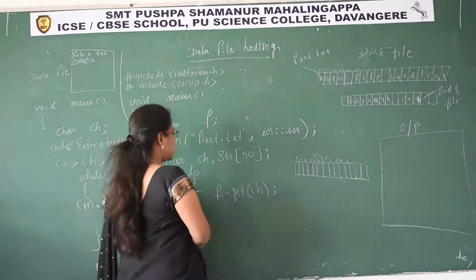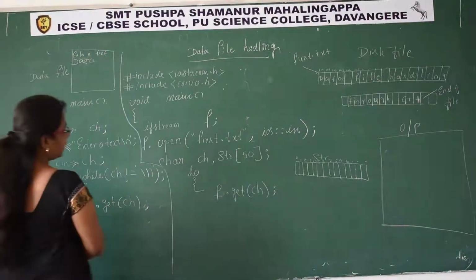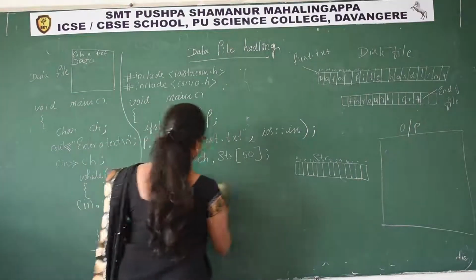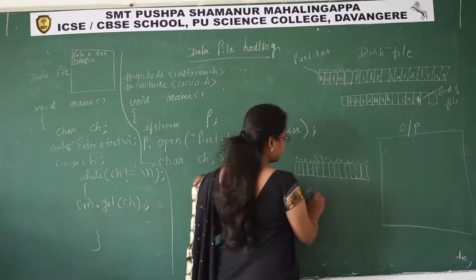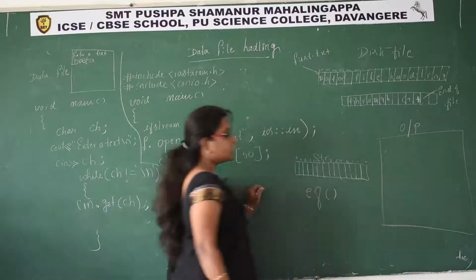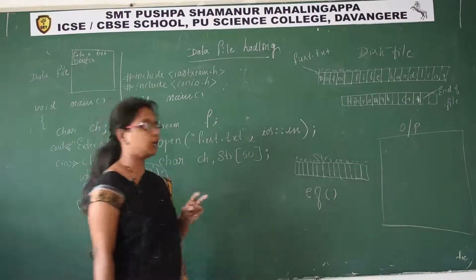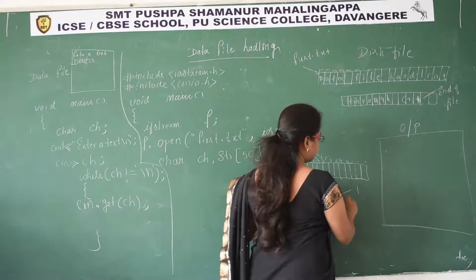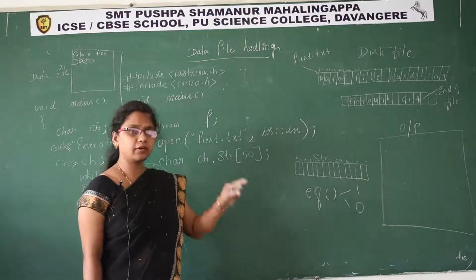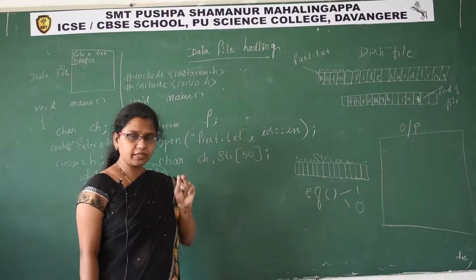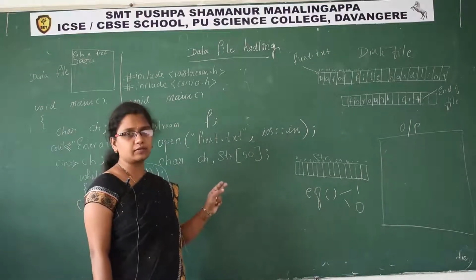I have to read a character from the file first, and I will check. See, there is a function end of file, EOF. It returns two binary values, 1 and 0. If it returns 1, yes, it is end of file. If it returns 0, it is not end of file.